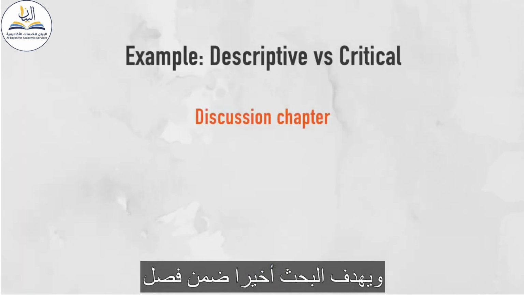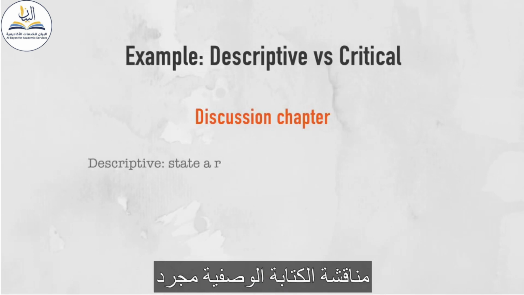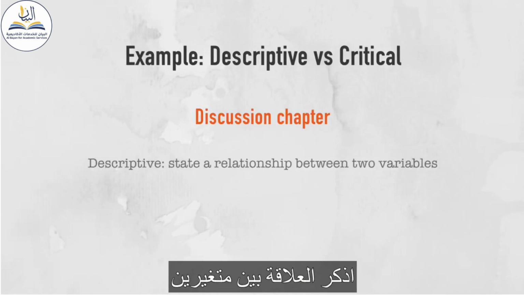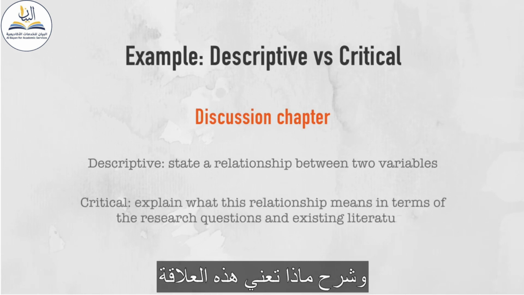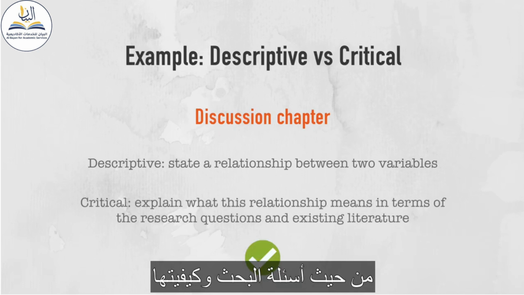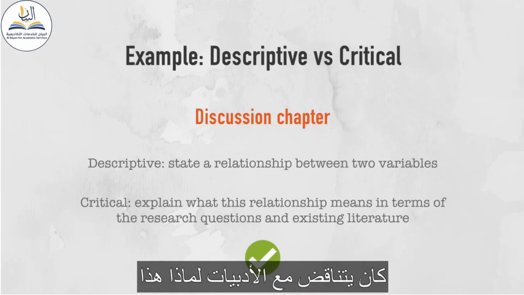Lastly, within a discussion chapter, descriptive writing would merely state a relationship between two variables, whereas critical writing would explain what this relationship means in terms of the research questions, how it compares to existing research, and if it contrasts with the literature, why this might be.